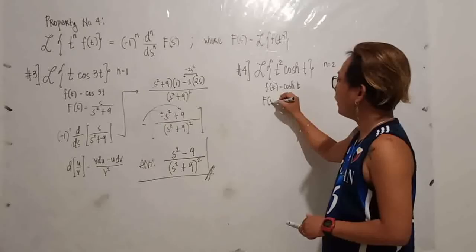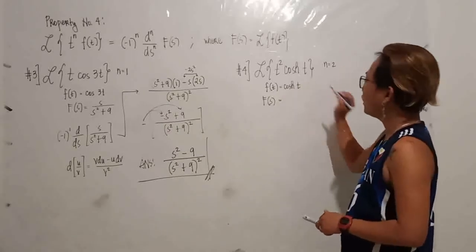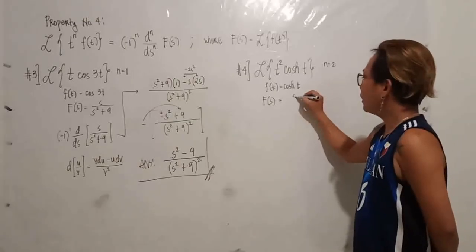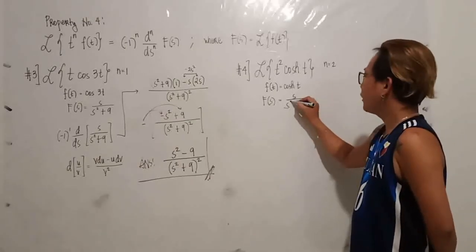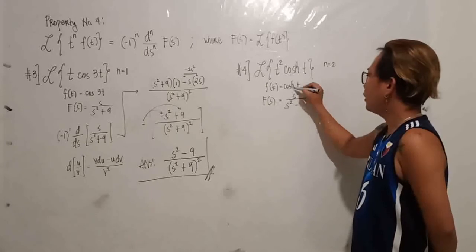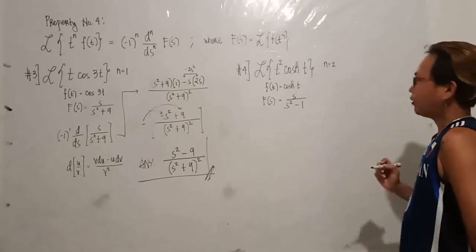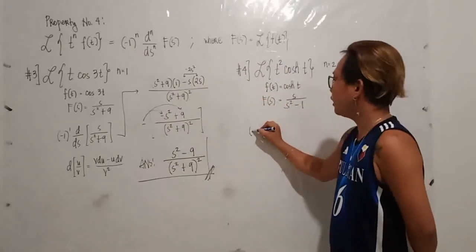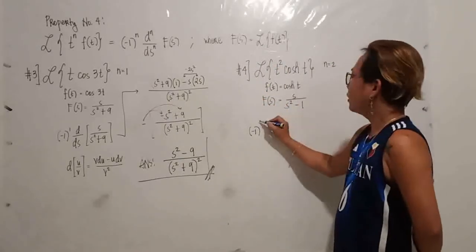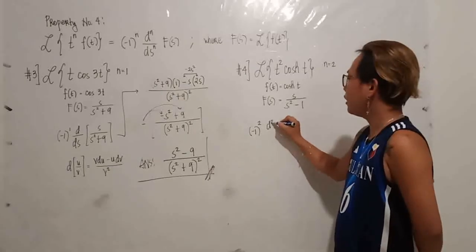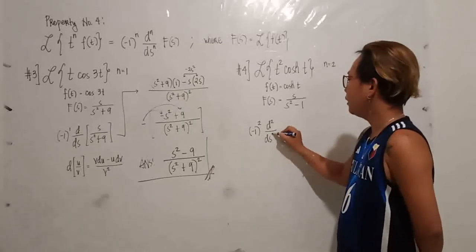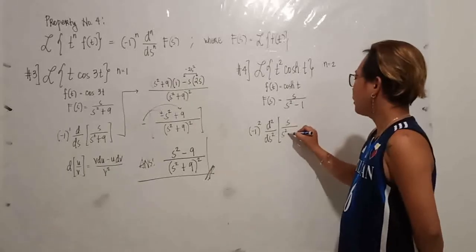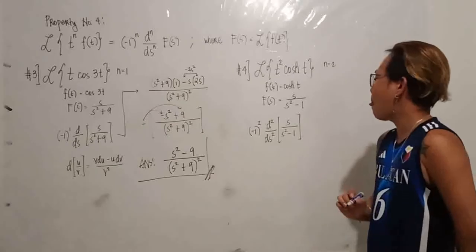Now your f of s is the Laplace transform of the hyperbolic cosine of t, which is s over s squared minus 1. You will now have to follow the formula, that is negative 1 squared, then the second derivative of s over s squared minus 1.